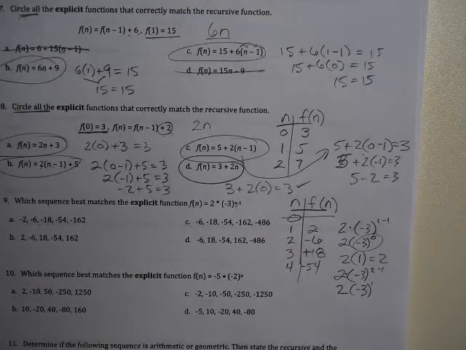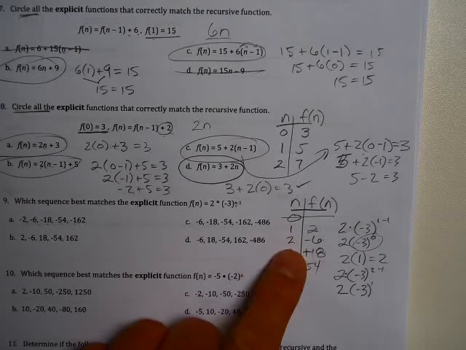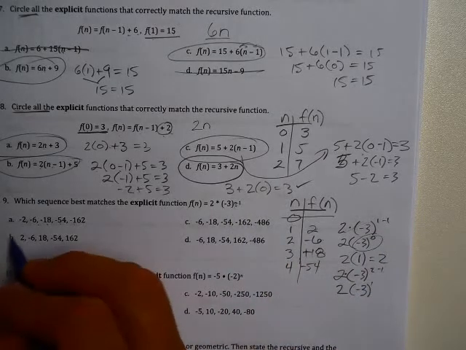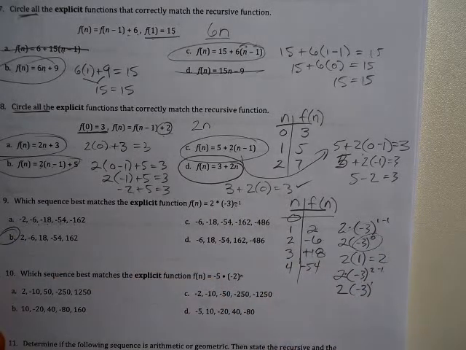Right, am I right on that? I'm questioning myself because usually when we have an even number here, oh, I know why. No, that's right, because it changes to odd with the minus 1. So the sequence I'm looking for there is B.